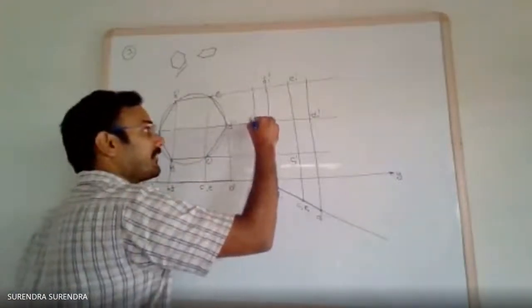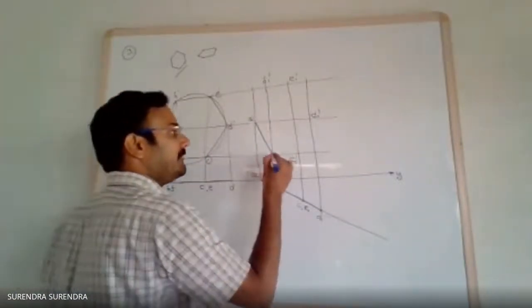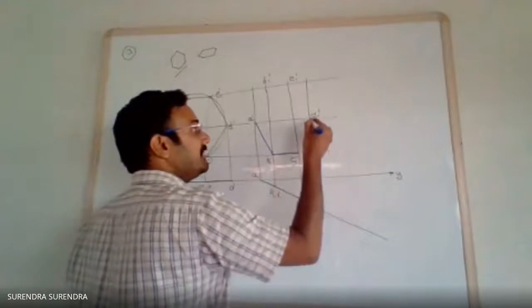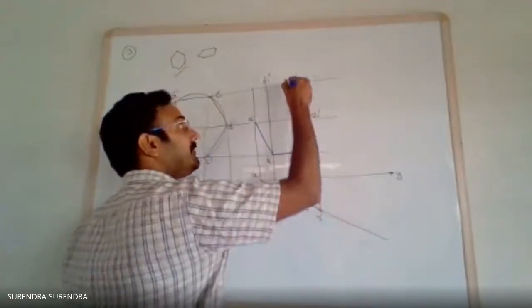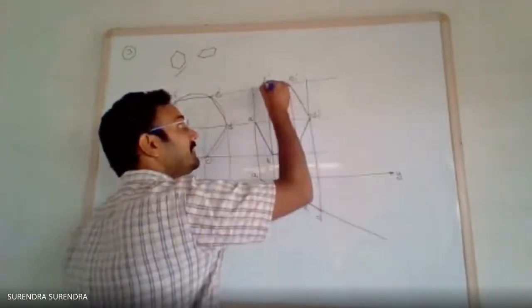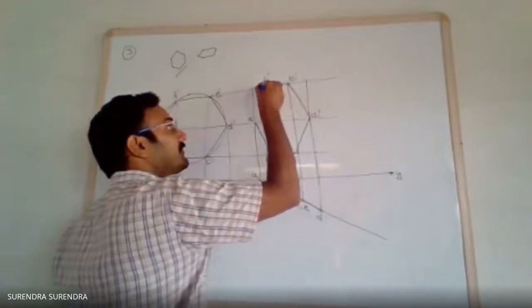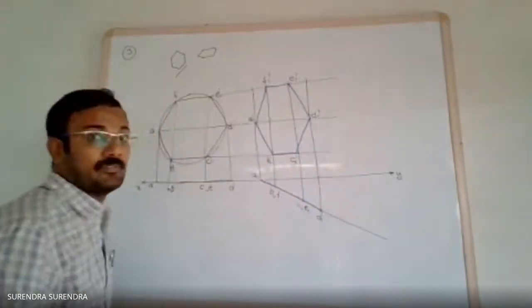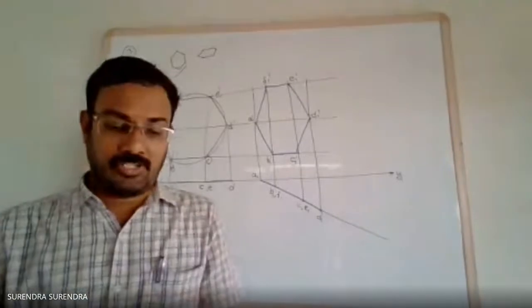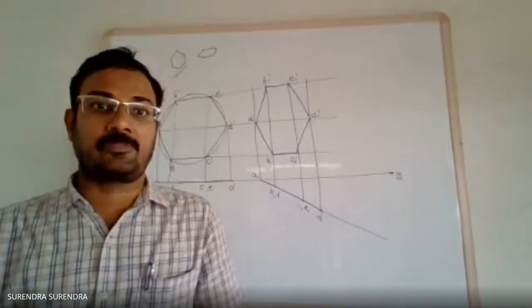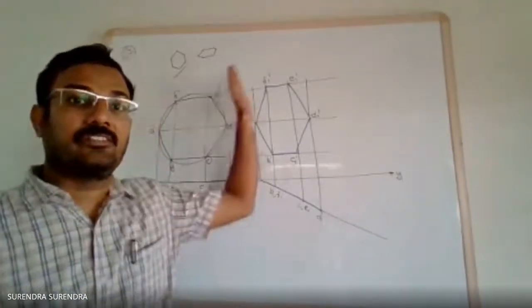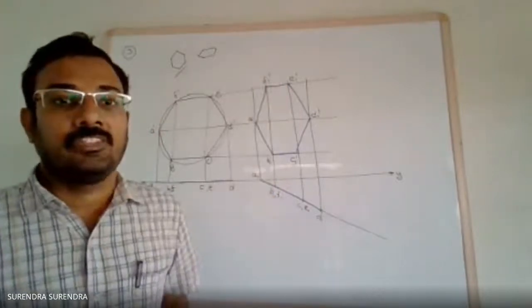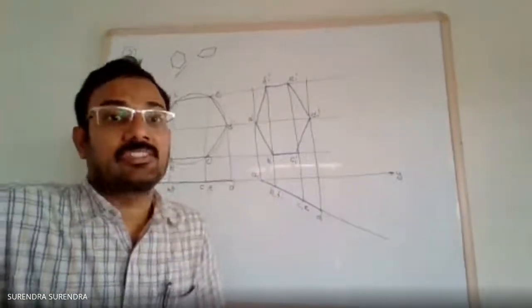Join AB, BC, CD, DE, EF and FA. Be careful, these projection lines must be as light as possible with 2H so that the final projection is highlighted.